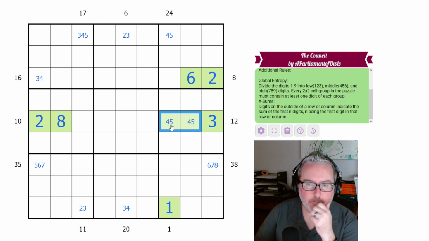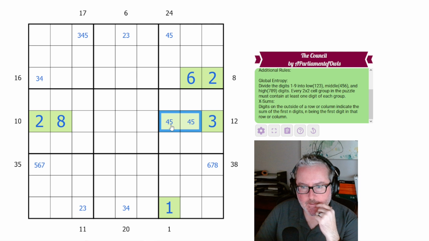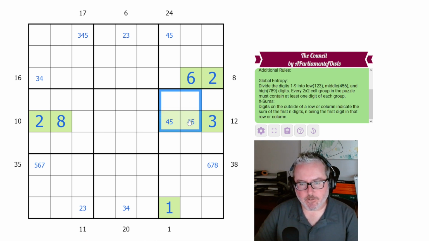The 4, 5. Those are both mids. What does that tell us? Because if we look at it from either direction, one side has to have a low and a high. The other side has to have a low and a high.